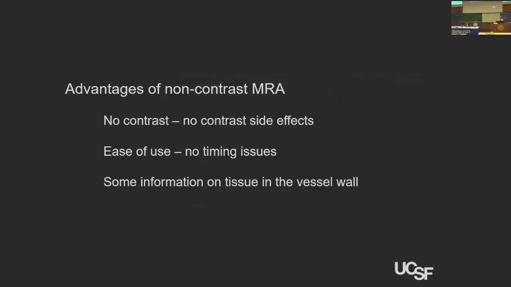And when we use non-contrast MRA techniques, not only do we get very good delineation of the vascular lumen, but there is often additional information in the vessel wall, which is not as heavily suppressed as it is in contrast-enhanced techniques.